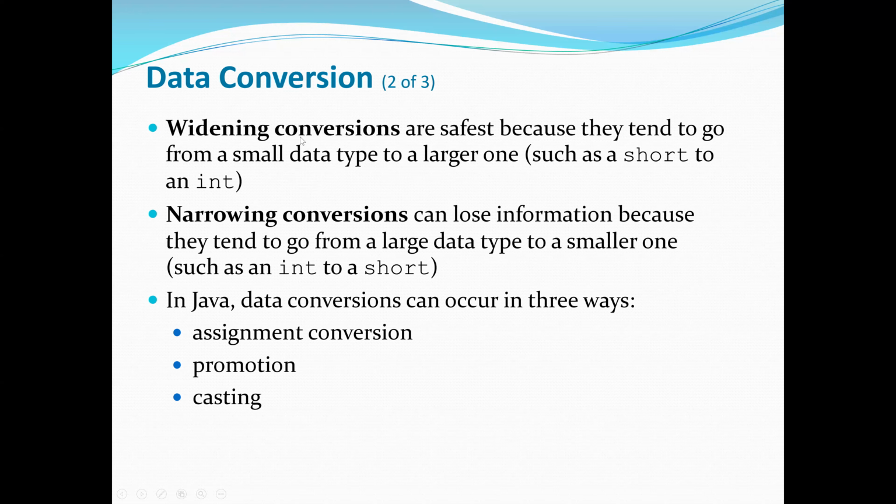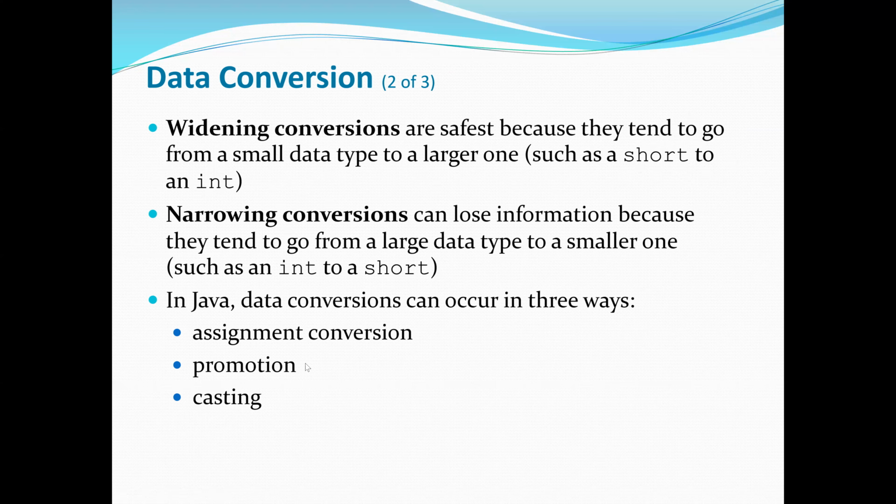Widening is the safest because we don't lose any data. For example, we know the data type short is a very small value compared to int. Both of them are whole numbers. But since short is smaller than int, if I convert from short to int, I will never lose any value because int can carry larger values than short.